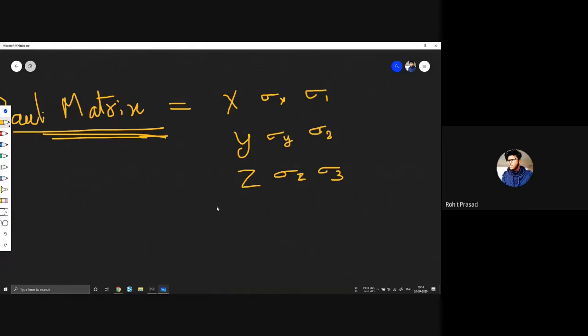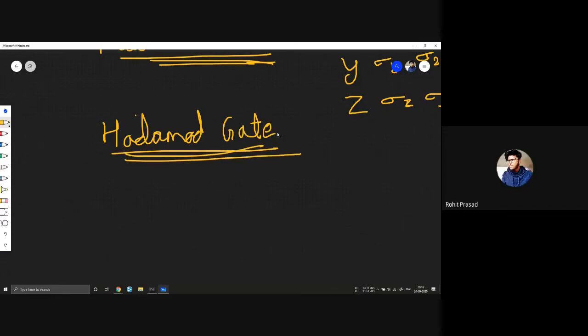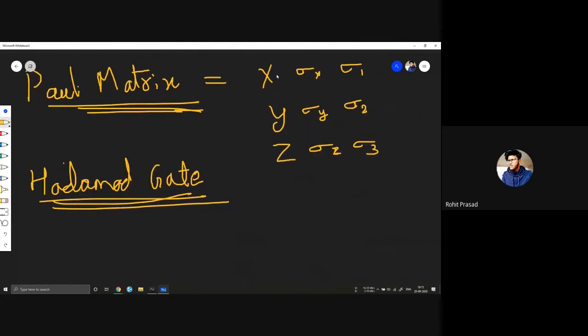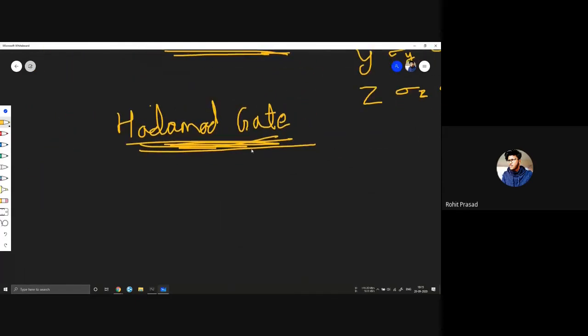So do you guys know about the Hadamard gate? No, bhaiya. Okay, after the basics of the matrices, X, Y, Z, there is something called the Hadamard gate.